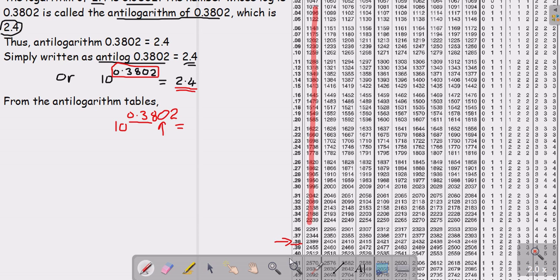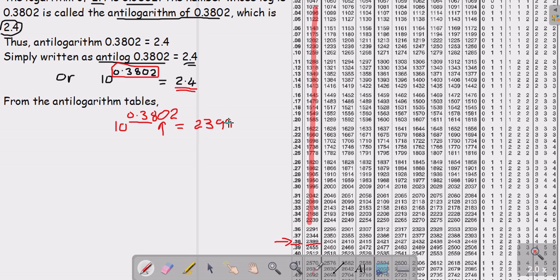The digits there on the zeros column at 0.38 are 2, 3, 9, 9, four digits.